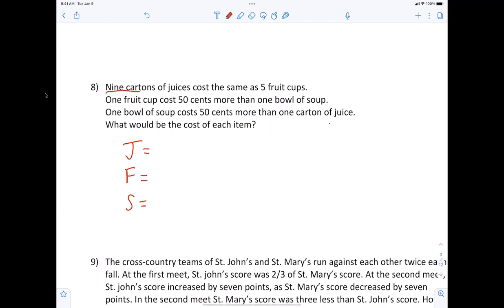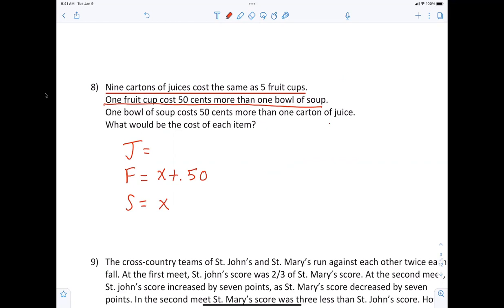Now, here it says 9 cartons of juice cost the same as 5, but I haven't labeled them yet, so I don't know. Do you agree? All right, so now it says 1 fruit cup costs 50 cents more than a bowl of soup. So what's the soup? So the fruit is going to be x plus what? Plus 50 cents, right? Not 50, all right?